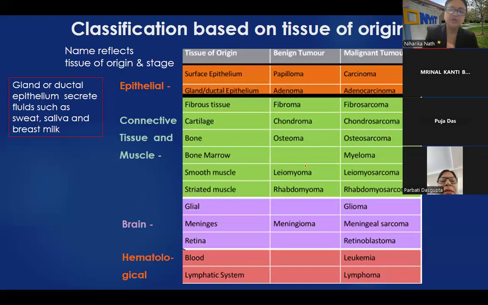Benign ends in oma, okay? That means we're still safe. You don't have to call it a cancer as long as you can just take it out by surgery. But the minute it starts to invade, then it would be called a sarcoma or a carcinoma.